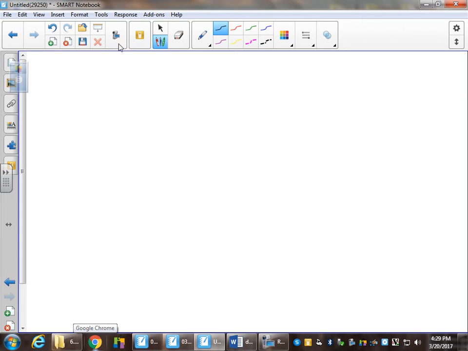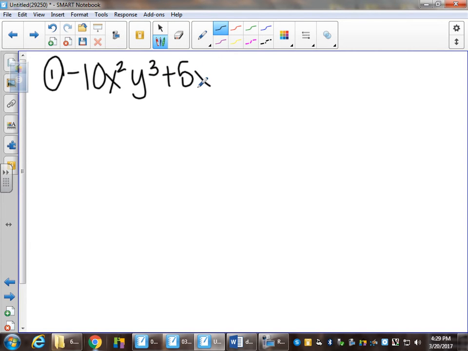To go over the ones on the back, our first question was to factor and identify the GCF given this. Okay, so because we have a negative term in the front, we have to pull out a negative GCF. 10, 5, and 20 are all divisible by 5.